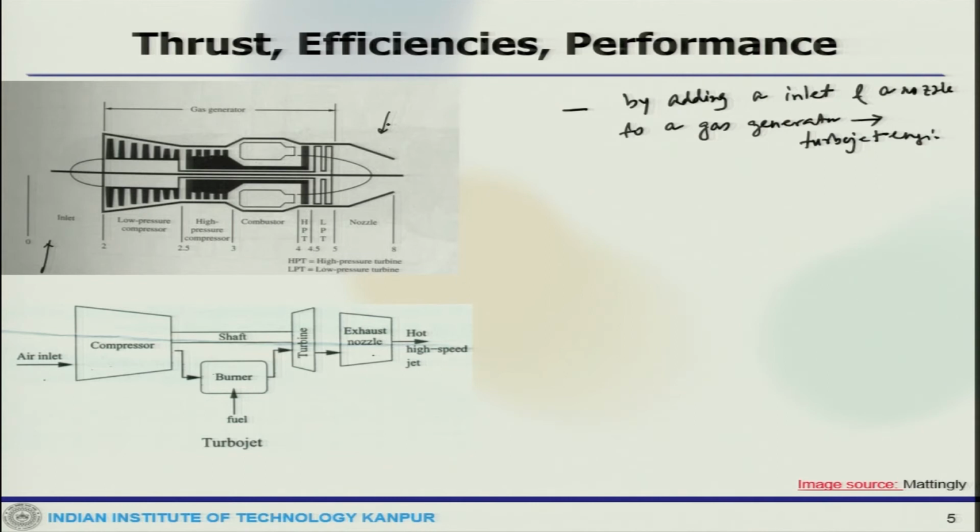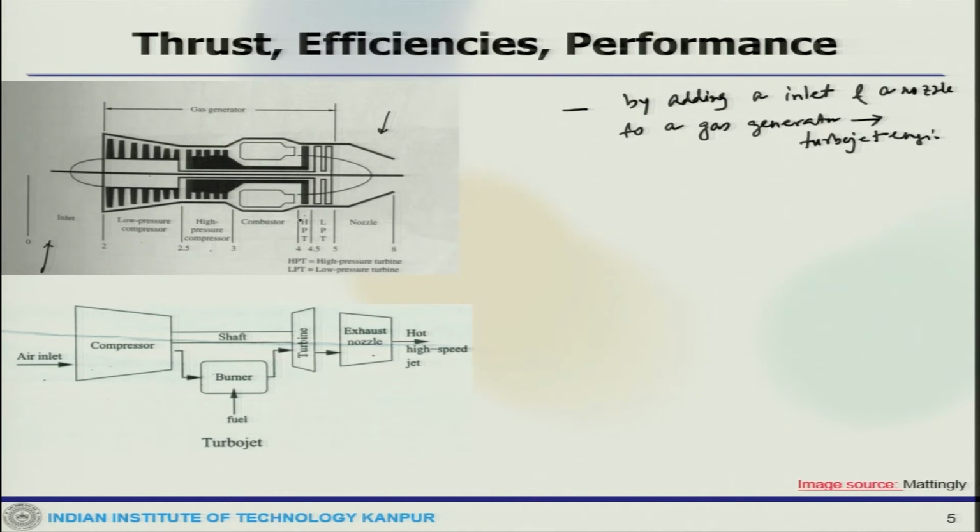Now, here this schematic will give you another picture, which is also quite informative: you have two different stages of compressor, the low pressure compressor, where the area change is quite drastic, and then the high pressure compressor. After this the flow passes through the combustor, then you have the high pressure turbine and low pressure turbine.